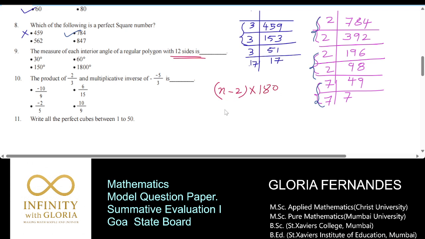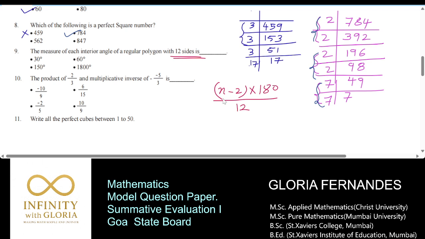So now here they have given 12, so this will be the sum of the angles. And if you want each interior angle, you have to divide by 12. So what is the value of n we have? This is a regular polygon with 12 sides. So here you have to just plug in the values.